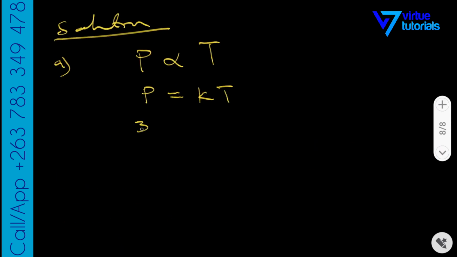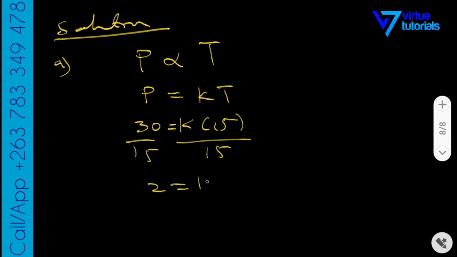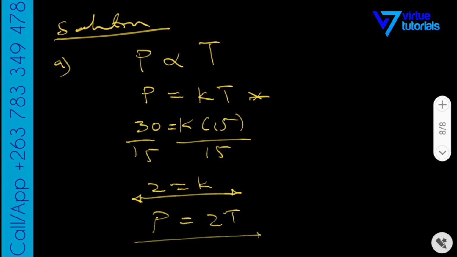So I have 30 is equal to K times 15. Divide both sides by 15. I'll get 2 is equal to K. Once I know my K, I come back up here, substitute my actual value for K there. So P is equal to 2T. That gives me my relationship.